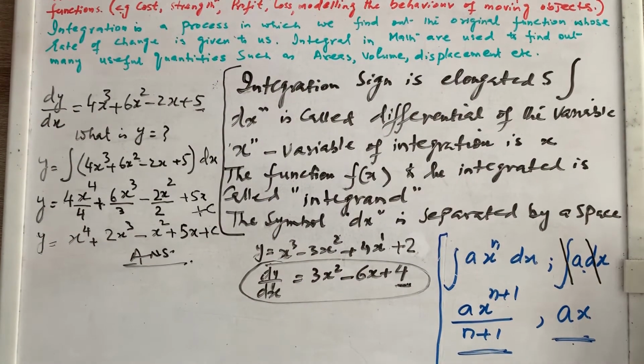So integration is a process in which we find out an original function whose rate of change is given, whose derivative is given. So this is how we learn, and what we learn is the basic, right? What is the basic definition? Differentiation, inverse of a differentiation is called integration.